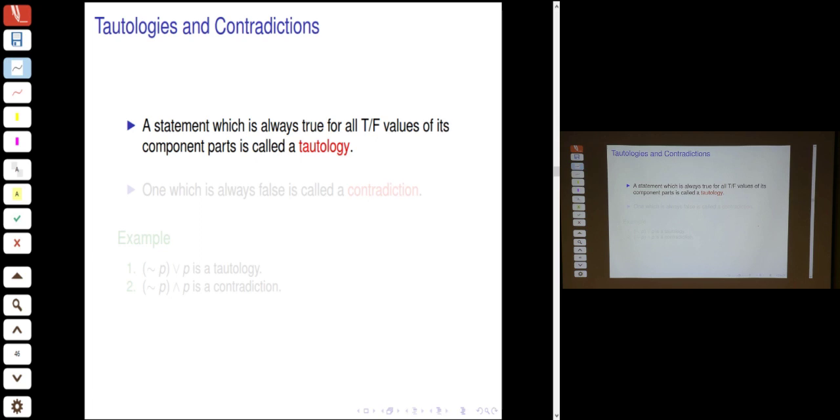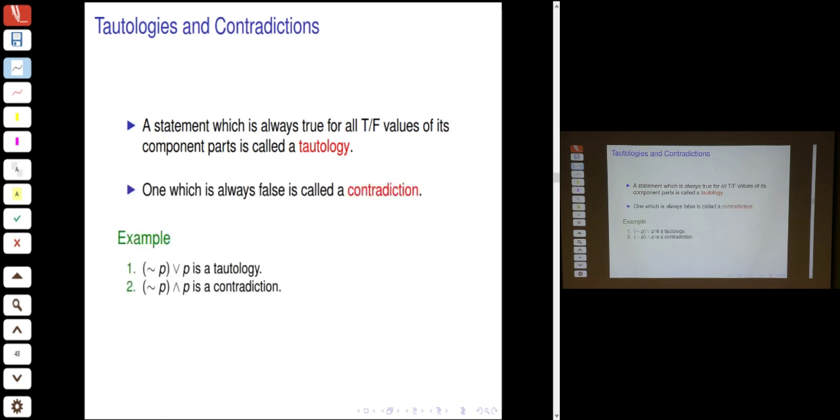Tautology means always true. Let's see an example. This is a typical example of tautology. Here I have not P, bracket, or P. I want to say no matter which value you give to the statement P, the compound is always true, right?